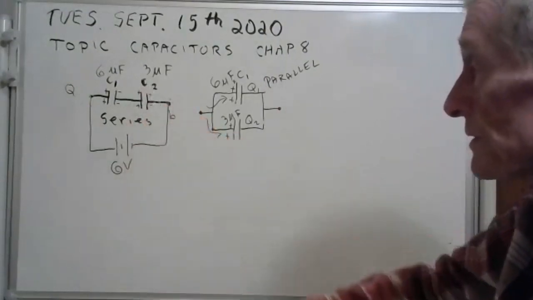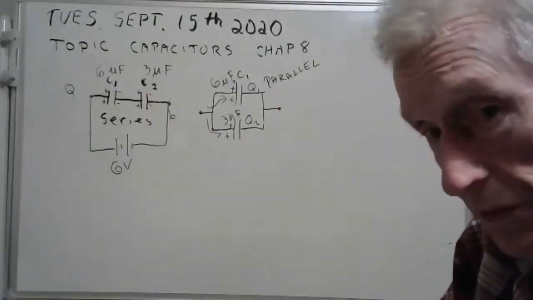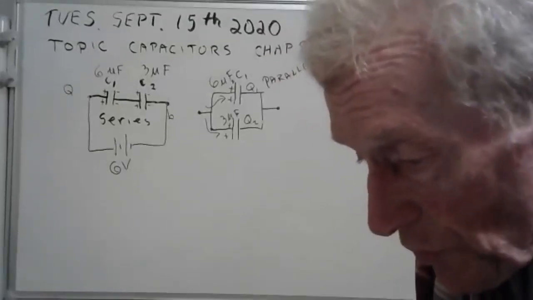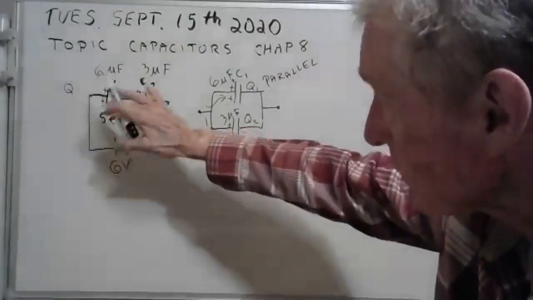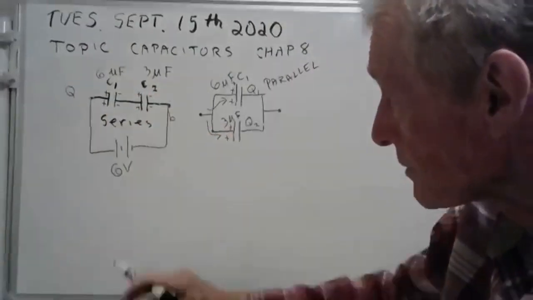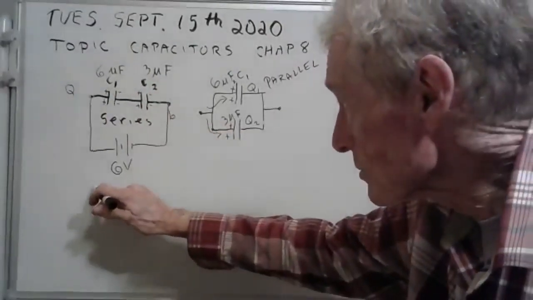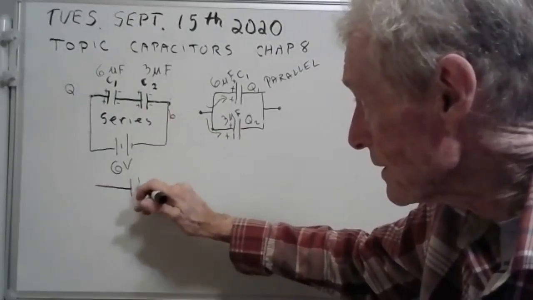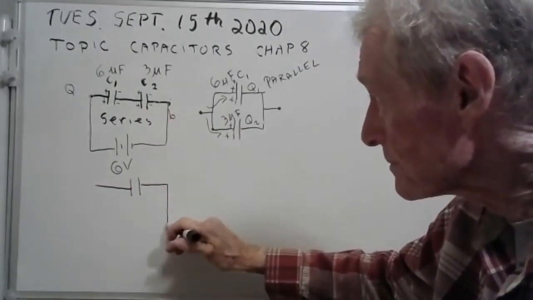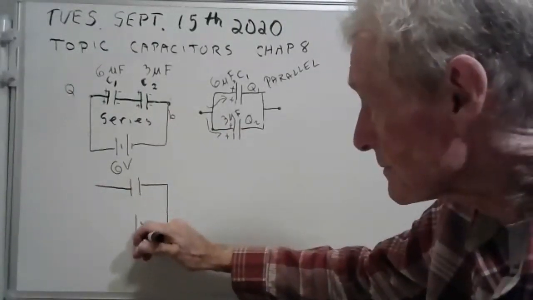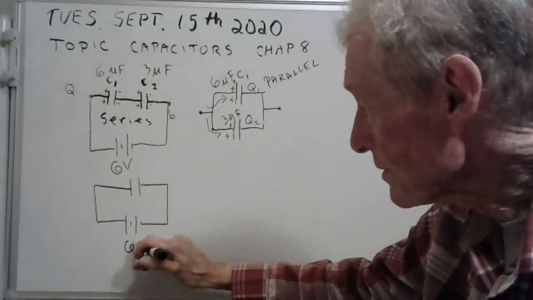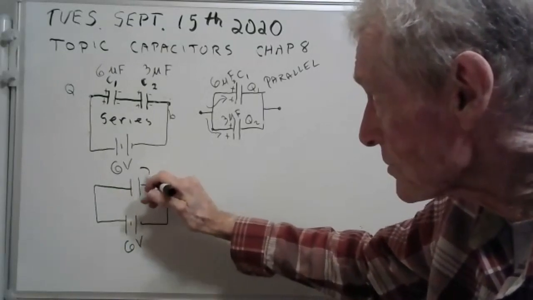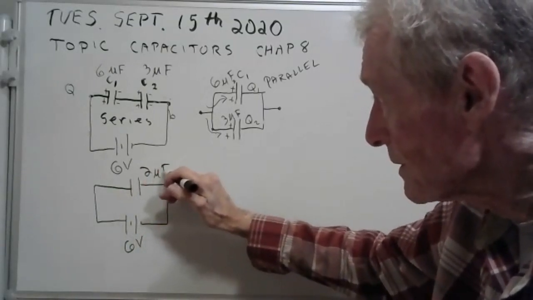Okay. Well, the way you do these problems is you make your equivalent capacitor. And now we already did that, and we came out with a 2 microfarad. So see, this whole circuit can be replaced by this circuit here, where this is a 2 microfarad capacitor.